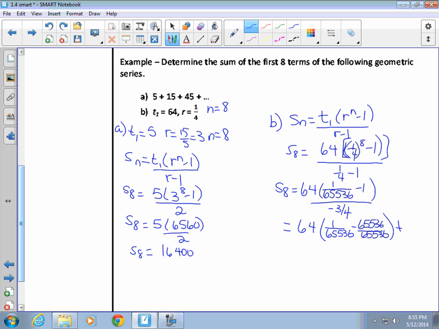Whoops, that's not supposed to be a plus. Divided by -3/4. And I'm going to write it that way so that you can do the flip and calculate. So when I multiply, this is 64 times -65535 over 65536 times -4 over 3.